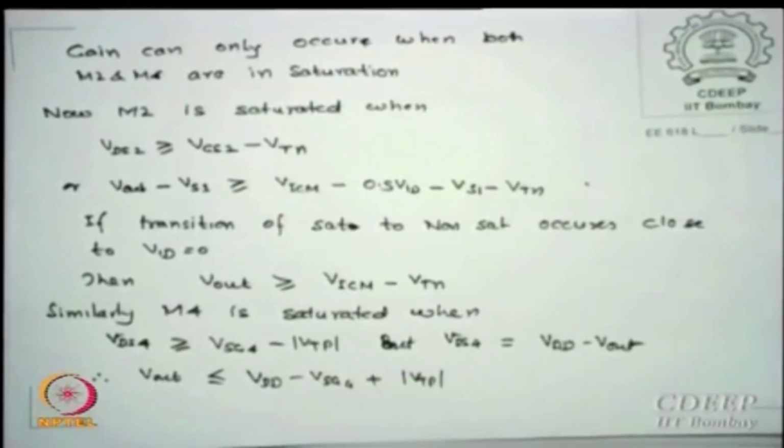VTP is the p channel threshold. And this has to be subtracted numerically, so I put a mod, otherwise minus of minus may get added. So if that is so, it is VSG4 minus VTP, but let us look at the game.